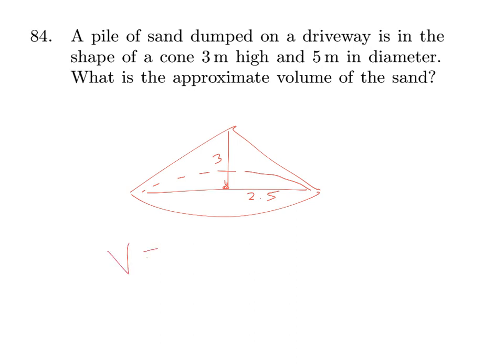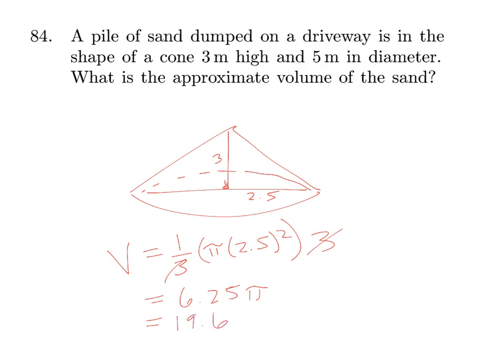So volume is equal to 1/3 area of the base pi 2.5 squared times the height. So those cancel out. And 2.5 squared is 6.25 pi times pi, which is 19.6. It's going to be meters cubed.